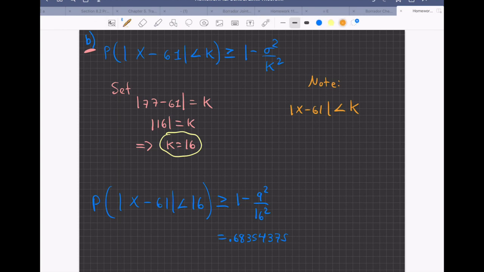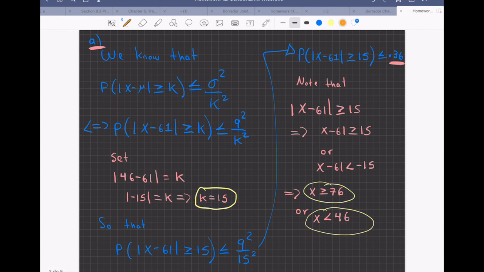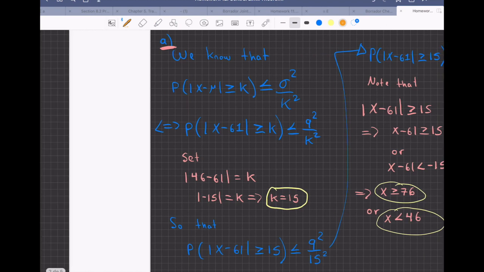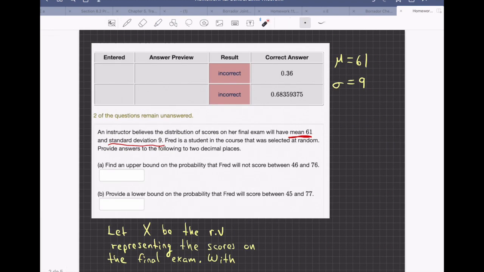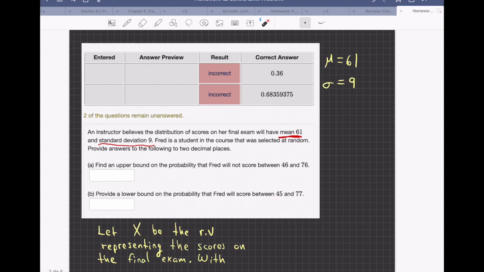This is equivalent to saying that x minus 61 is no more than k and greater than negative k. That is the meaning. That's why I could use Chebyshev's inequality in part B, because it's asking for between 45 and 77.